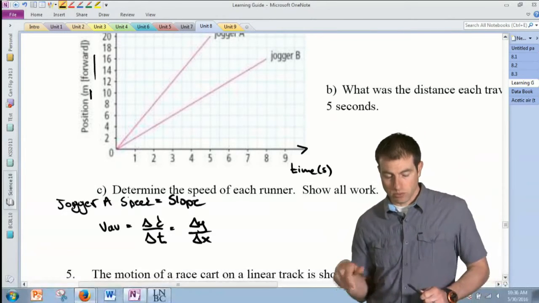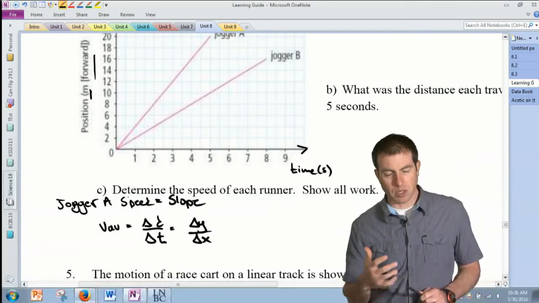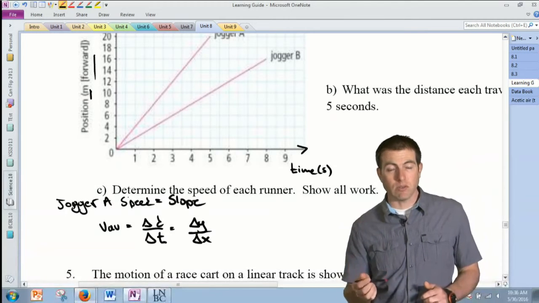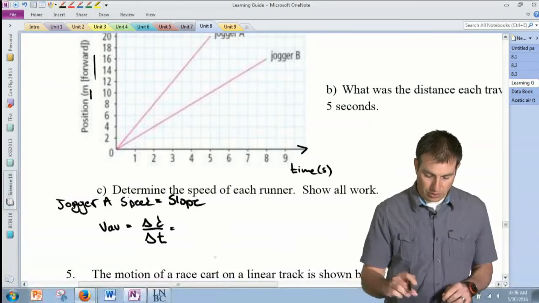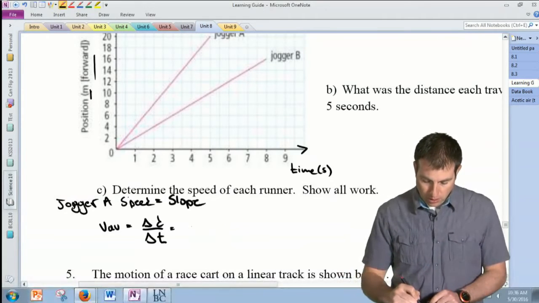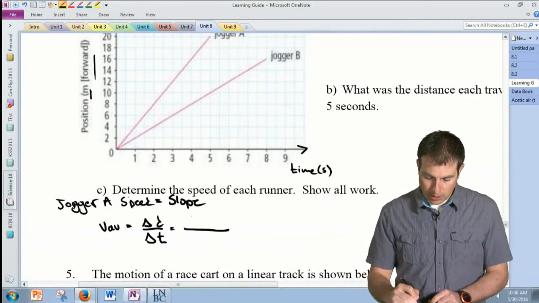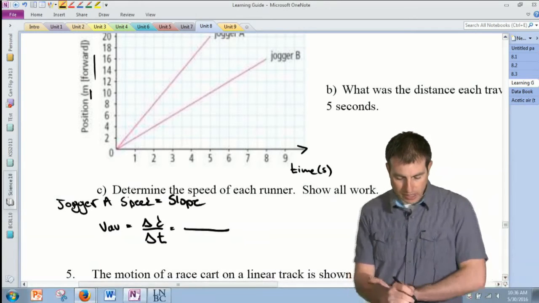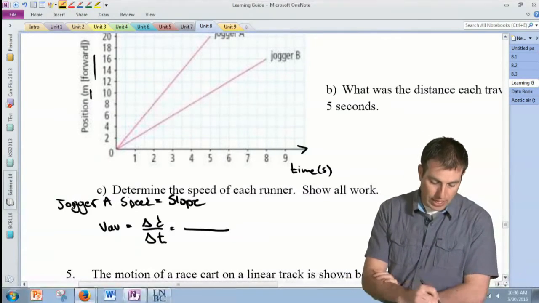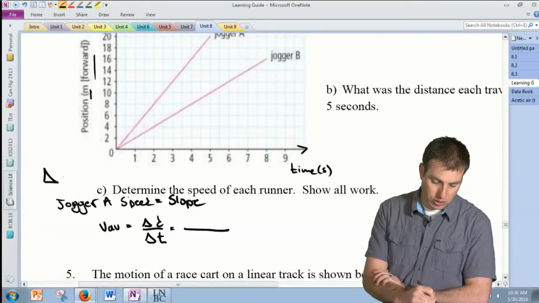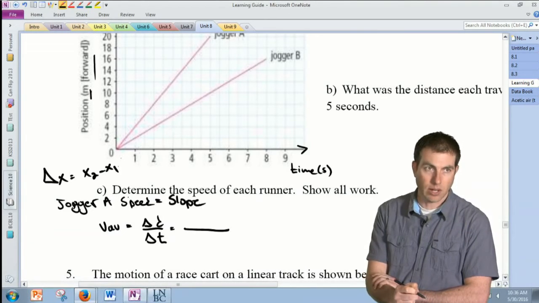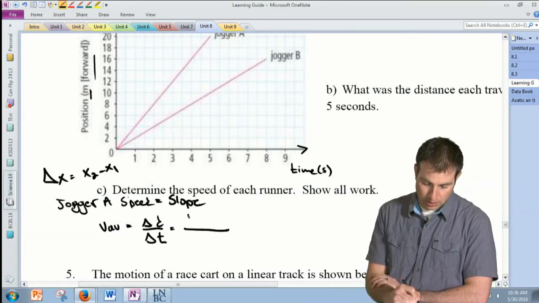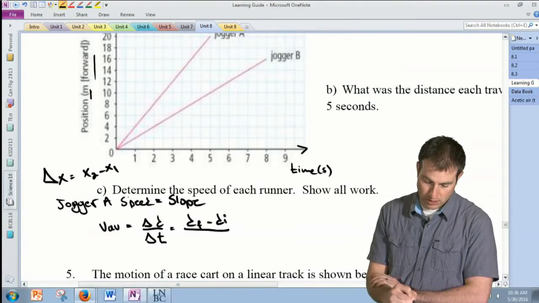Change in y over change in x, change in d over change in t. Same thing. You can think of it either way. All right, so this means we're going to take, again, I don't mean to confuse you, but a change in anything: a change in x is going to be x2 minus x1. I could have a change in d, which is going to be d final minus d initial.